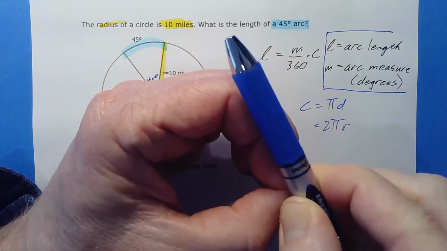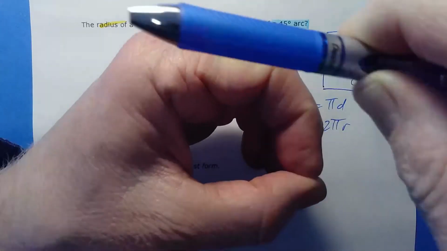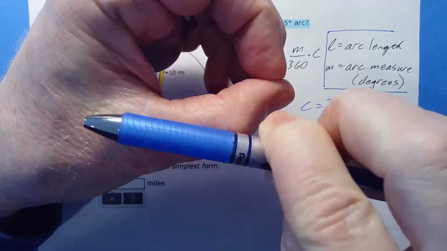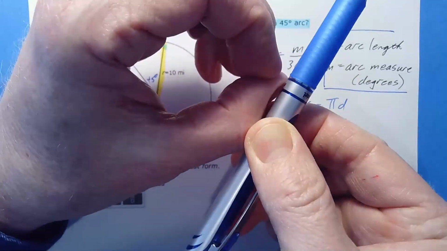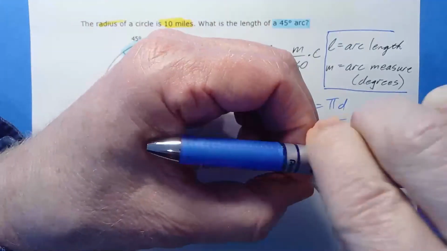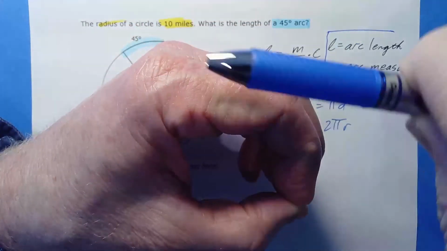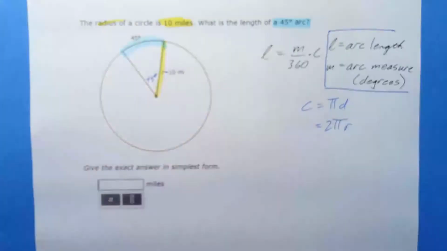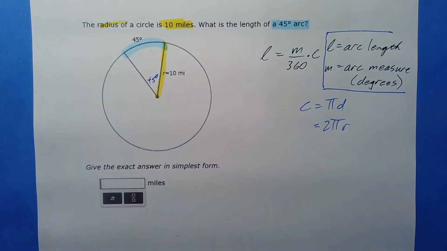Count your way around. Here's once around, twice around, bring it down here, 3 times, and just a little bit more than 3 is 3.14, that's pi. So if you ever can't remember that, just grab your hand and a pen and you got it.